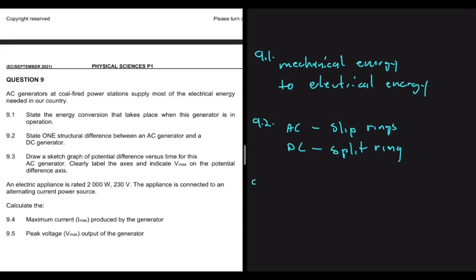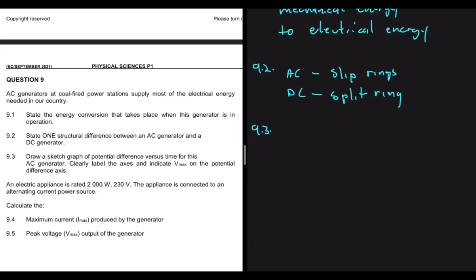And then 9.3, draw a sketch graph of potential difference versus time for this AC generator. Clearly label the axis and indicate Vmax on the potential difference axis. So what is an AC generator? An AC generator produces alternating current, right? But then what do we mean by alternating current?